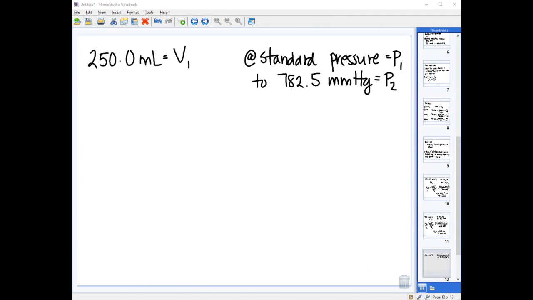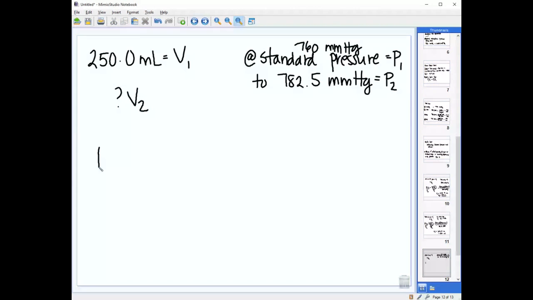Yes, 760 millimeters of mercury. So my standard pressure here is equal to 760 millimeters of mercury. So we had to add this little extra step because we had to determine what standard pressure was. So again, I'm looking for V2.